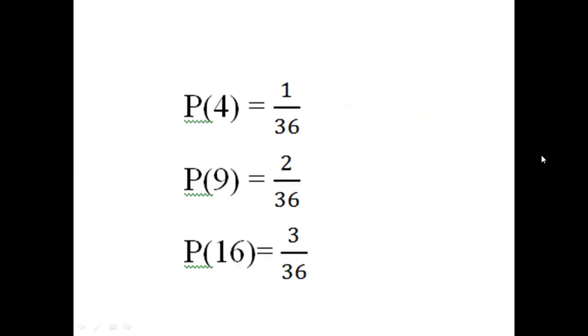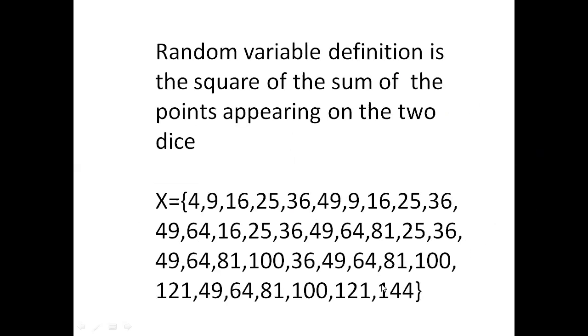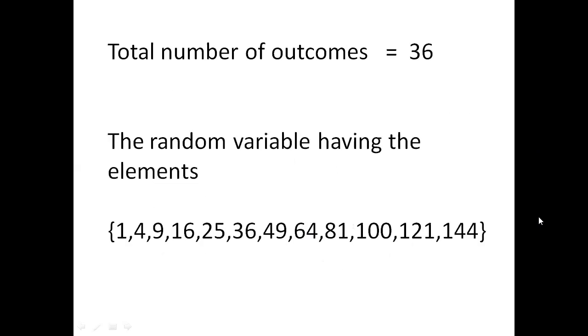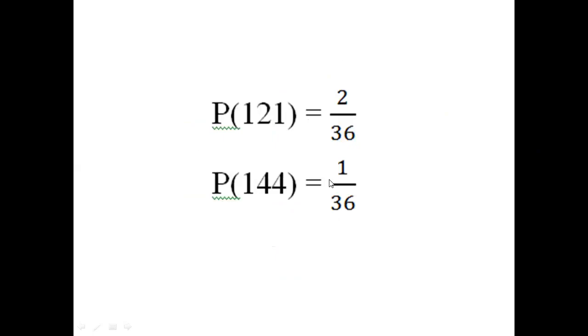The next event is 144. By observing the total events, 144 is repeated only one time. So the probability of 144 is equal to the number of favorable outcomes, 1, and the total number of outcomes is 36.